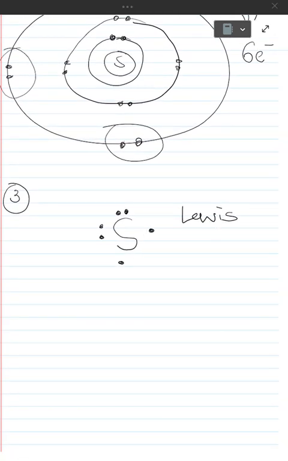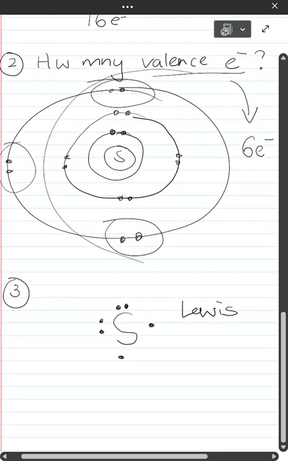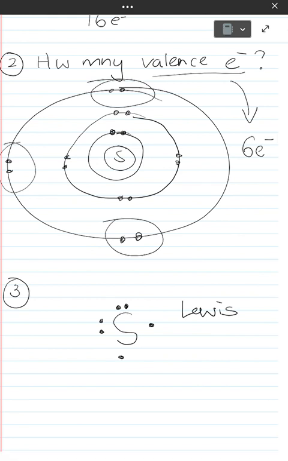Okay, that brought us to talking about something called stability. We understand that instability is basically when the outermost shell is not filled. So if you draw your element for sulfur, we can see in this picture that there's 6 valence electrons in shell number 3.